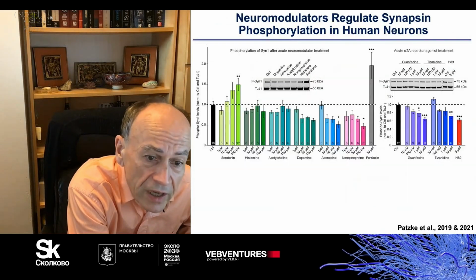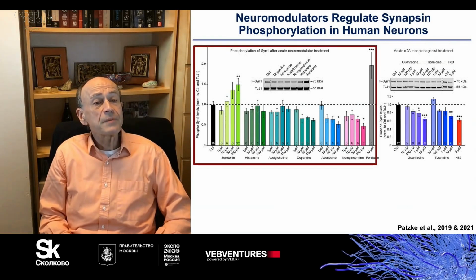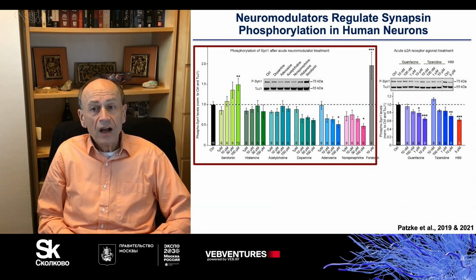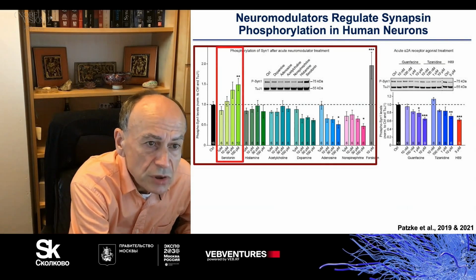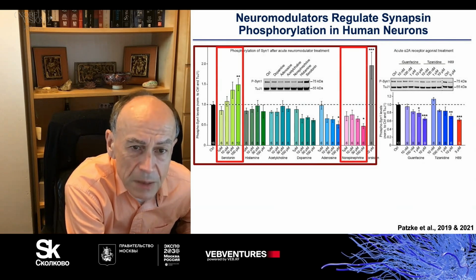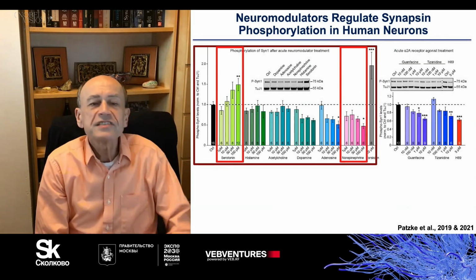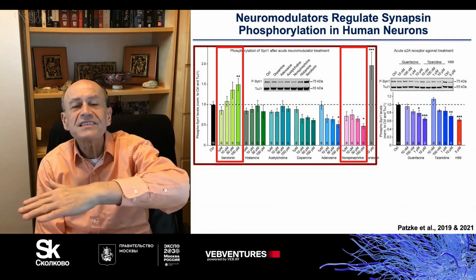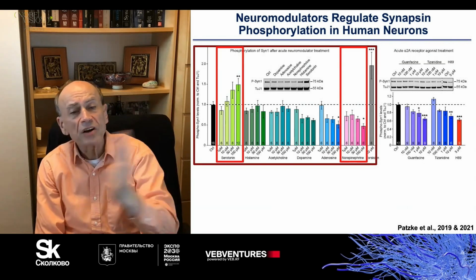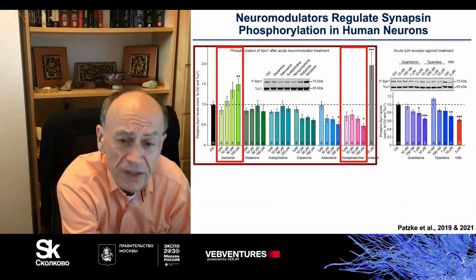phosphorylation-dependent mechanism. And so in order to address this question, we first looked at the phosphorylation of synapsin 1 in human neurons as a function of these neuromodulators. And what we found is that serotonin induced a strong phosphorylation of synapsin 1, whereas, for example, norepinephrine, even at very low levels, 1 micromolar, caused a suppression of the steady state level of phosphorylation of synapsin 1, demonstrating that these neuromodulators indeed can modulate the phosphorylation state of synapsin 1 in a living neuron.